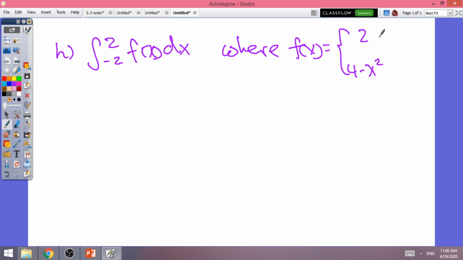The constant one is bounded from negative 2 to 0. This shows the lower bound and upper bound for this integrand. And the other one is 0 to 2.